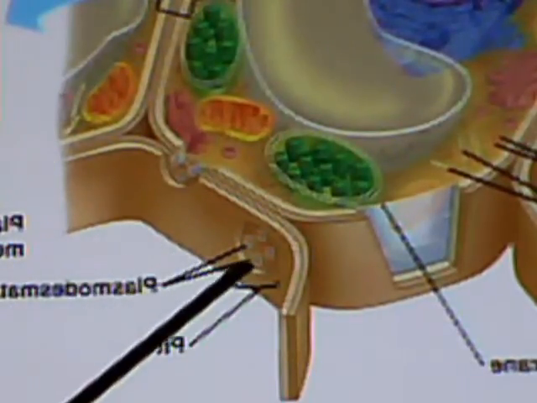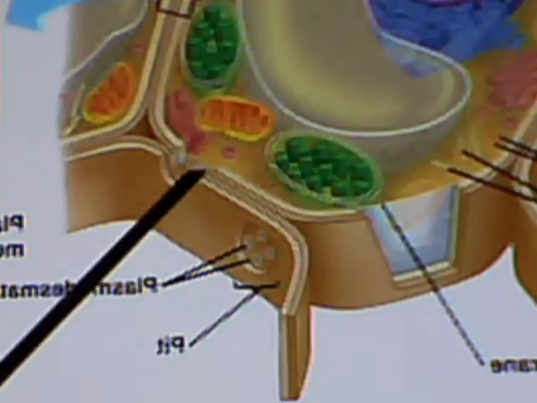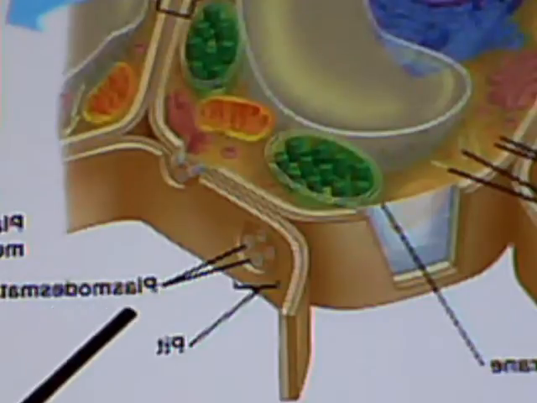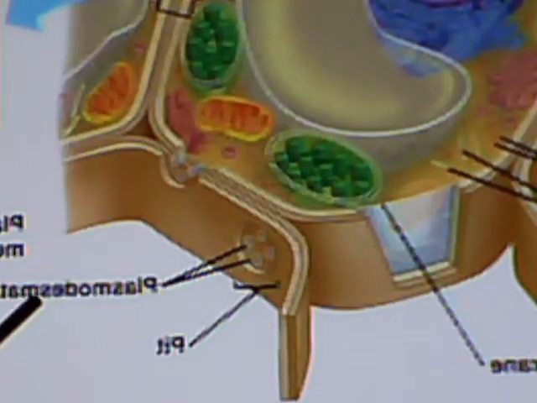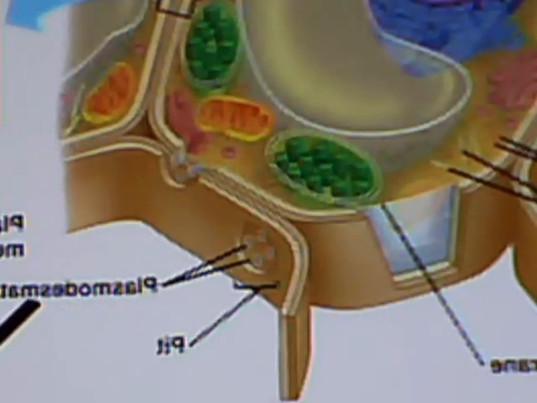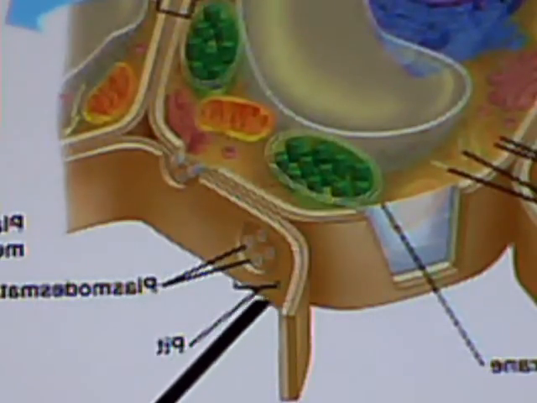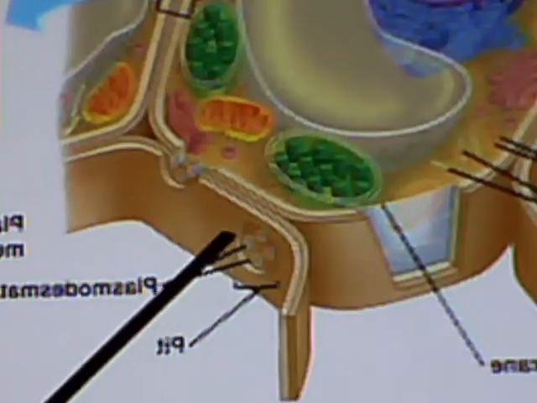You see those 4 dots right there in that pit? That has a specific name in the cell structure. It's called a plasmodesmata. It's a pit, it's a sunken area, and it has these little dots inside of it.